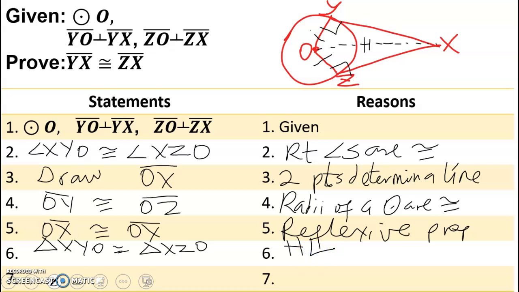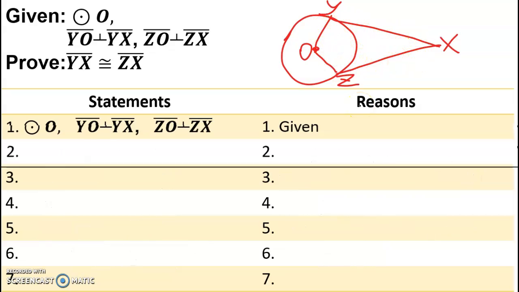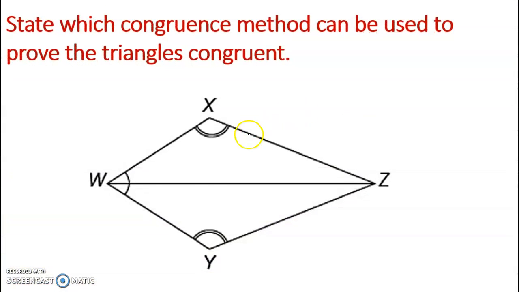And therefore, we can conclude by saying that YX is congruent to ZX by CPCTC. Corresponding parts of congruent triangles are congruent. Okay, this is fun, again, connecting circle, auxiliary, perpendicular, and HL. Very nice.